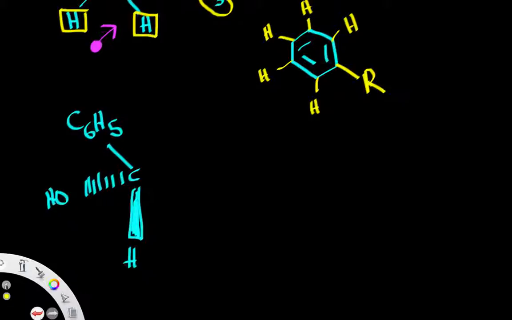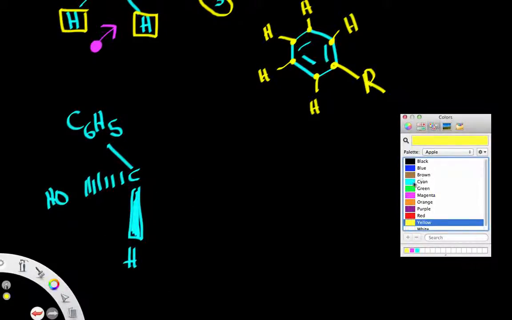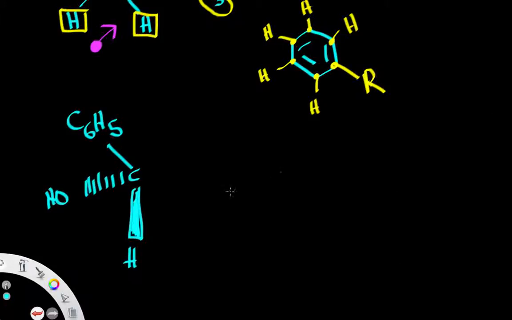So let's verify that we have 1, 2, 3, 4, 5. So we have H5. And then we have 1, 2, 3, 4, 5, 6. C6. So that checks out. And this R is simply going to be this carbon right here. So I just wanted to show that we are working with a benzene ring and to not be confused by that. So let's continue by drawing the rest of the molecule.